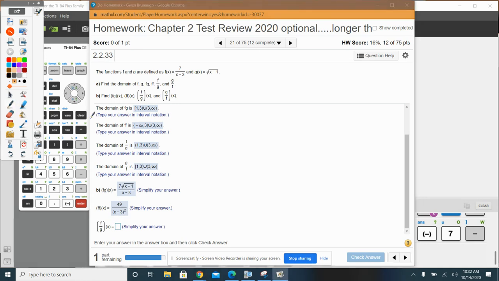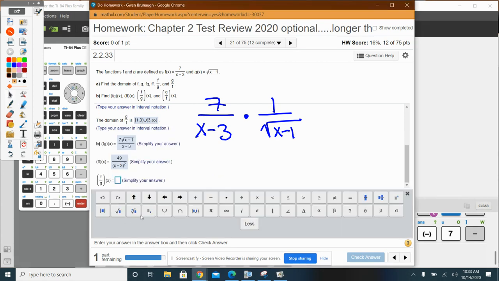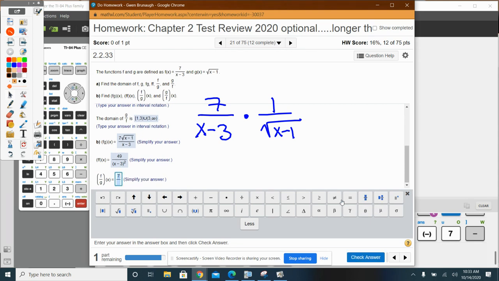Okay, f over g we also did. Just a quick reminder. F over g is the same thing as f divided by g, which is f times 1 over g. So what I'm going to write here is a really weird looking fraction. So 7 goes on top, and then on bottom, I guess I'm going to do some parentheses here.